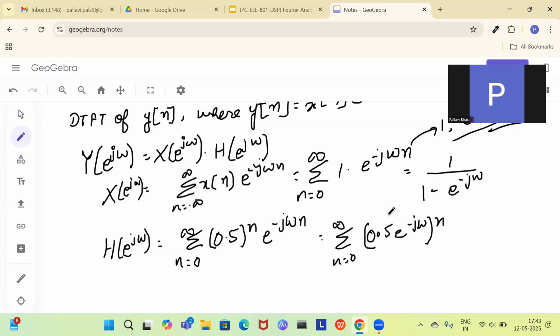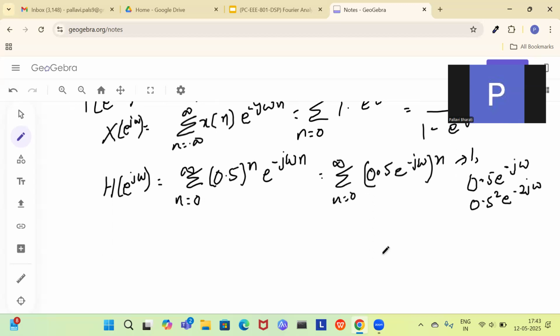If you put 0, the value is 1. If n is equal to 1, the value will be 0.5 e to the power minus j omega. If you put 2, 0.5 squared e to the power of minus 2 j omega. So basically, this is also a geometric series with first term as 1 and the common ratio as 0.5 e to the power of minus j omega. So this is what H of e to the power of j omega is for us.